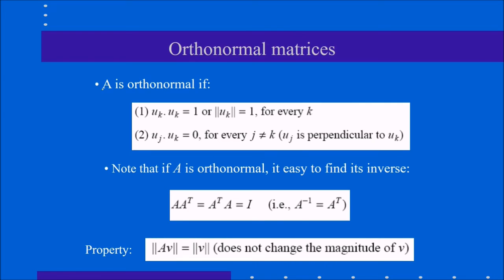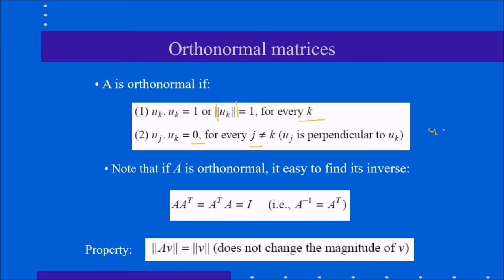What about orthonormal? What is orthonormal? Orthonormal means uk into uk. We have seen what uk is just now. So uk dot uk is equal to 1, or the magnitude of uk is 1 for every k, and uj dot uk is equal to 0, as we have just seen, for every j not equal to k.